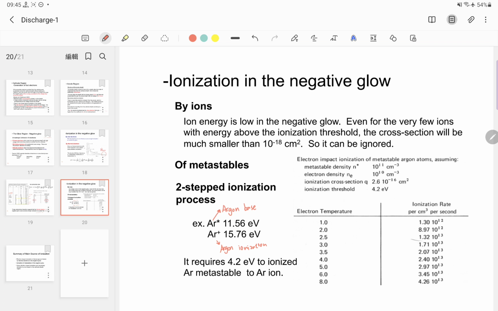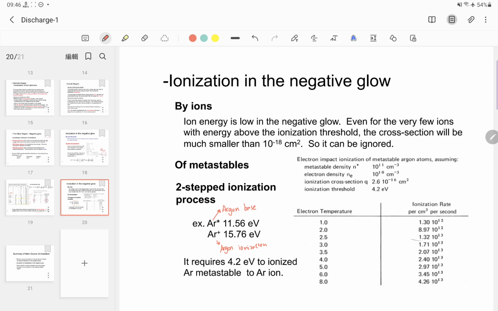So this kind of process is a two-step ionization process. First step, excite atoms from the ground state to the metastable state, and then the second step, ionize the metastable state into an argon ion. It requires only 4.2 eV for ionization of argon metastable. So again, Chapman calculated the conditions for this two-step ionization process.